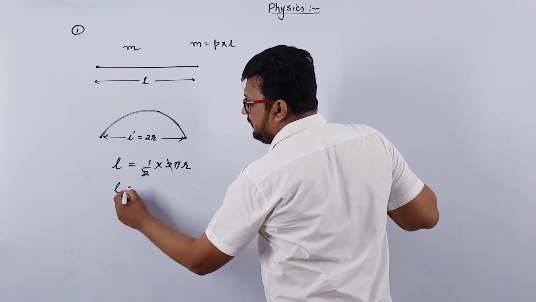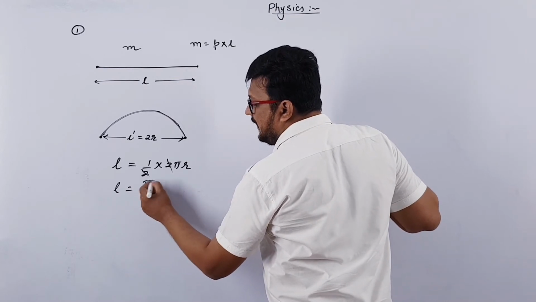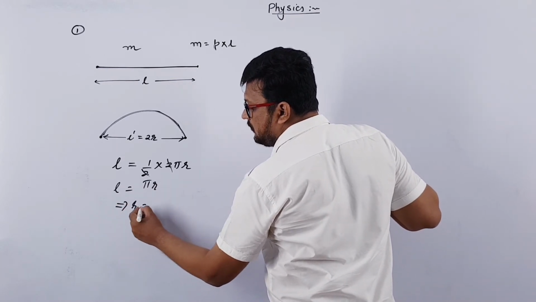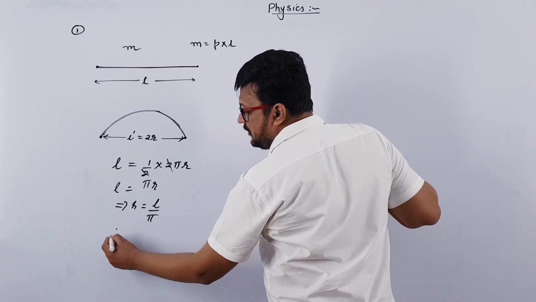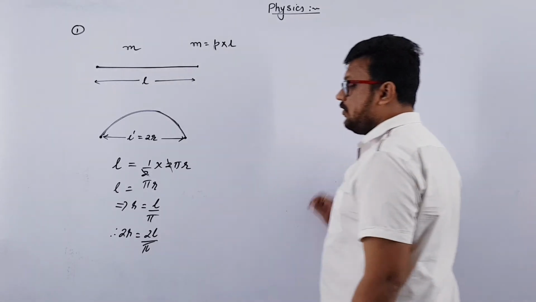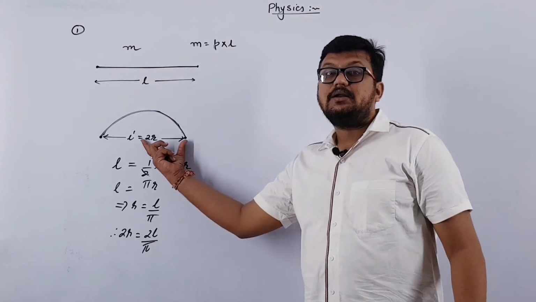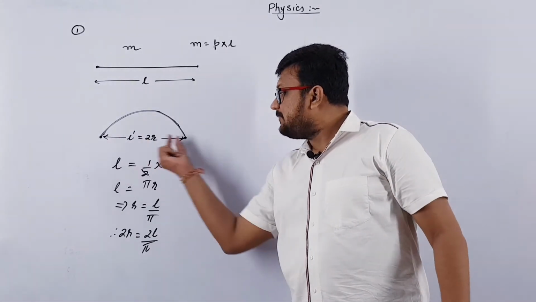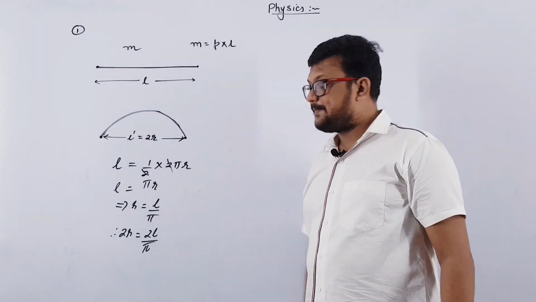So length will be equal to pi r, so r will be equal to L by pi. Therefore 2r will be equal to 2L by pi. This will be the length of this semicircle, since length means the distance between the two end points.